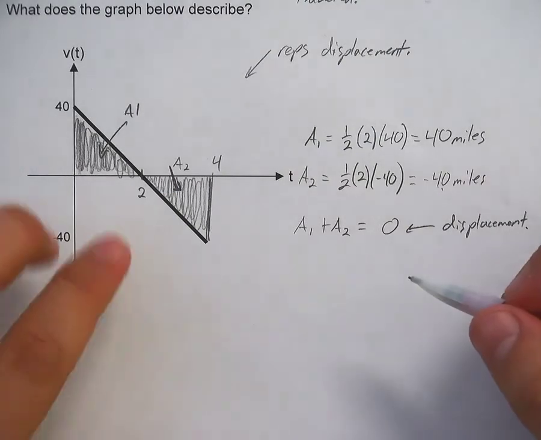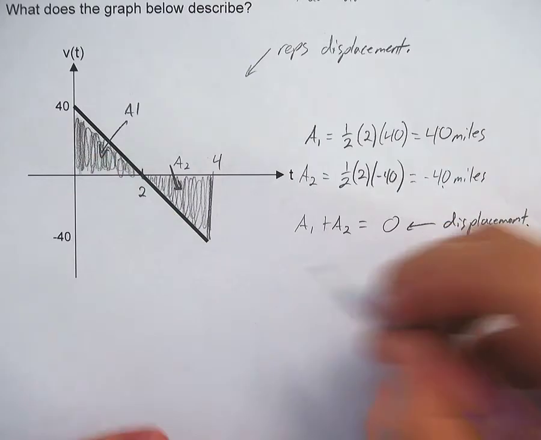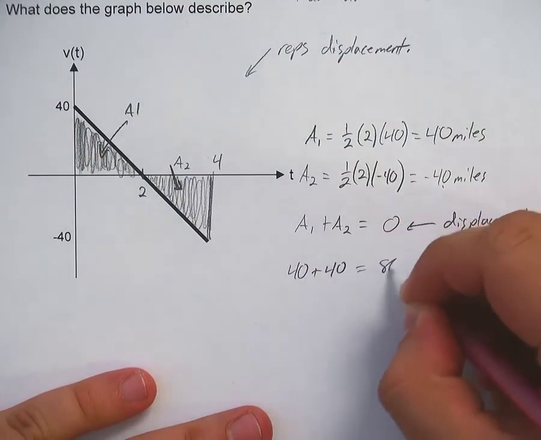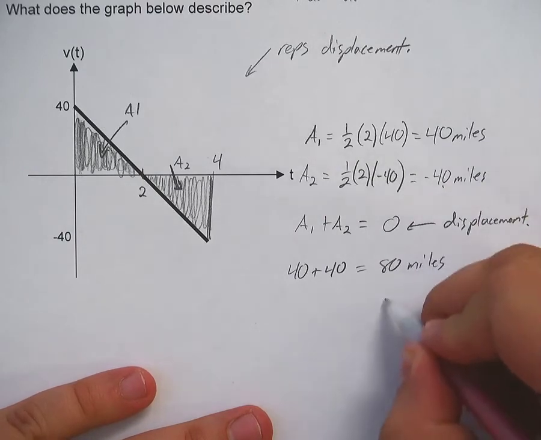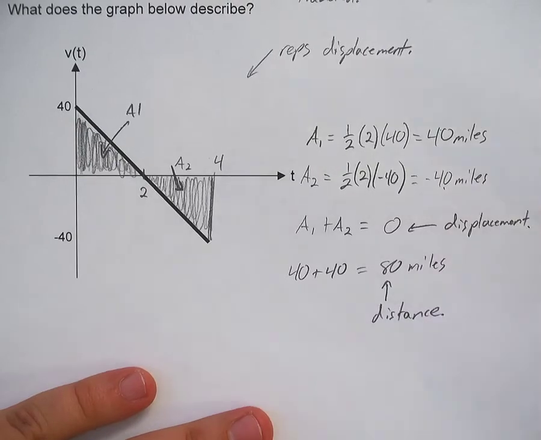Distance traveled, though, you just add up the absolute values. So distance, this will be the 40 plus the positive 40, which is 80 miles. And again, this is distance. Just explaining the difference between distance and displacement here.